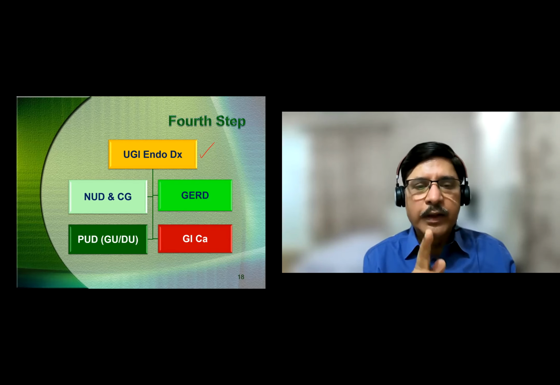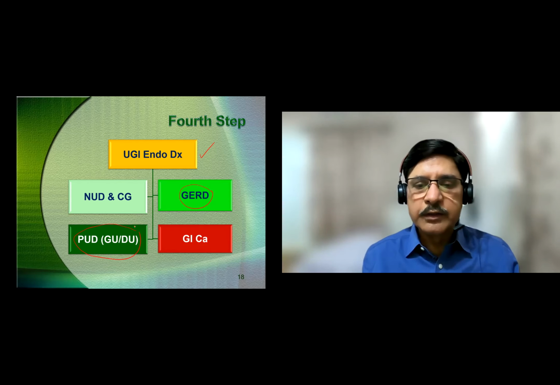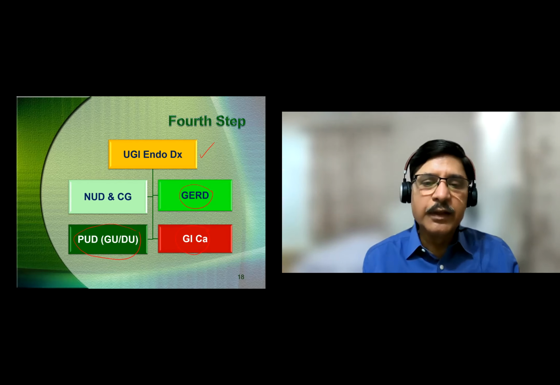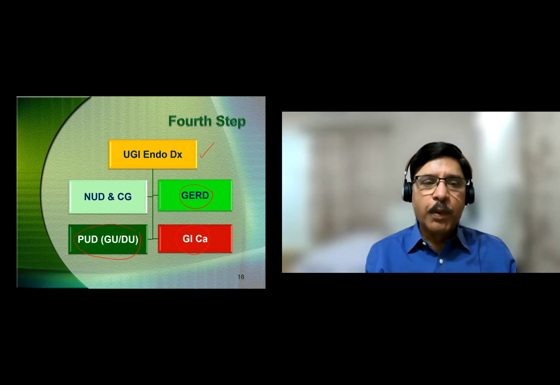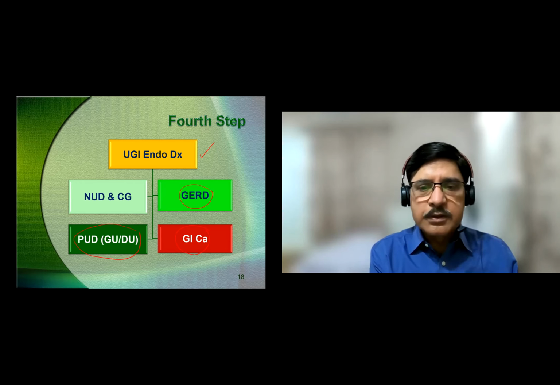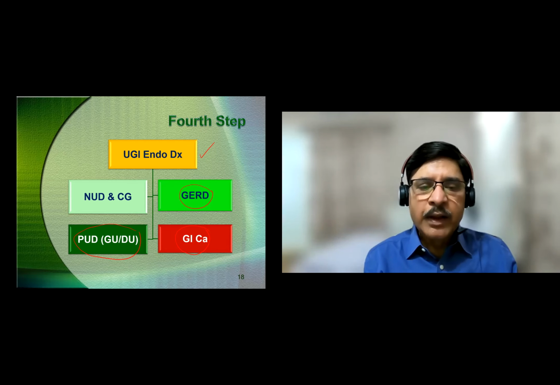Is it chronic gastritis? 2 conditions, NUD and CG. Or is it GERD? Or is it peptic ulcer disease, gastric ulcer and duodenal ulcer? Is there malignancy? So the endoscopist should put the patient in one of the 4 boxes: NUD-CG box, GERD box, PUD box, and then GI cancer. Why? The treatment is absolutely different for all the 4.